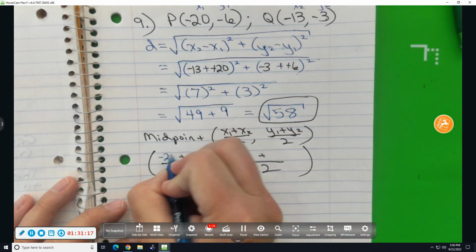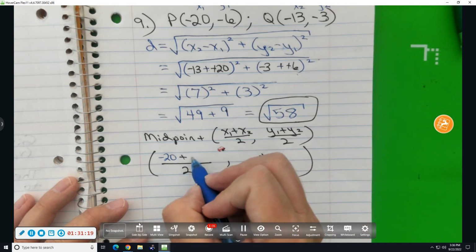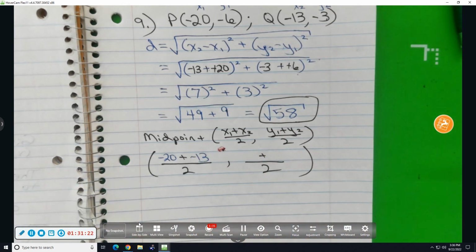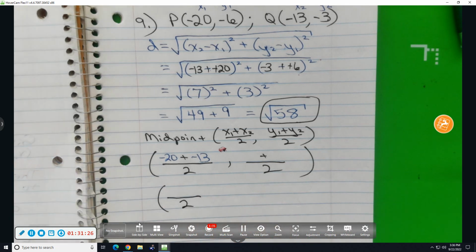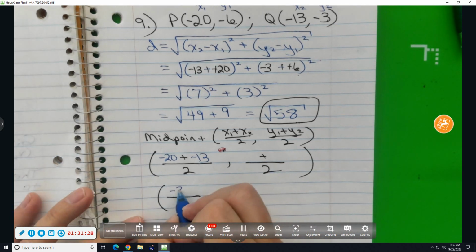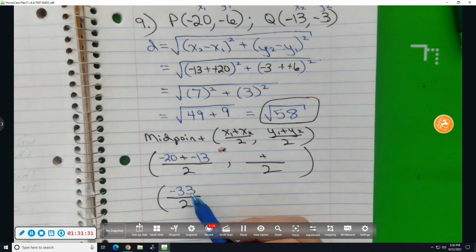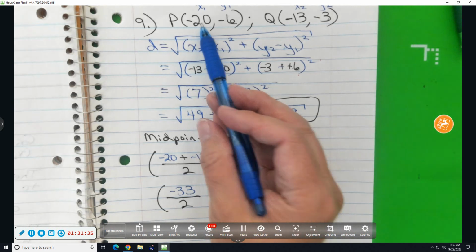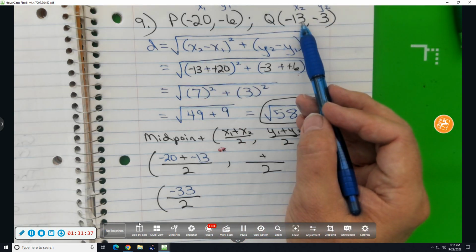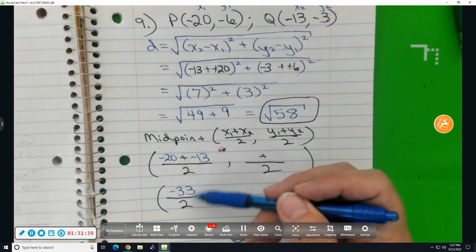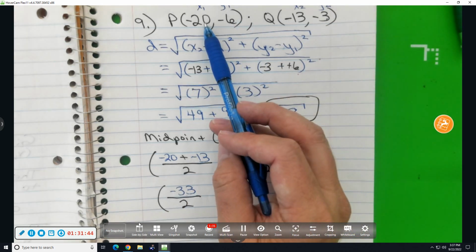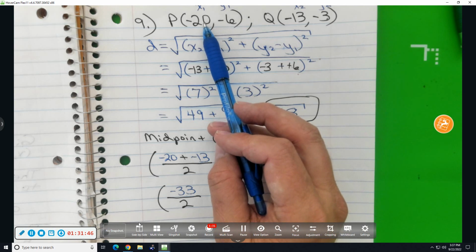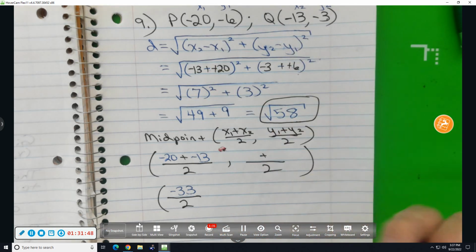Negative 20 plus negative 13 gives me negative 33 over 2. Negative 33 halves is midway between negative 20 and negative 13 on the x-axis. What would that be? Negative 16 and a half? Yeah, that sounds about right. Negative 16 and a half would be between negative 20 and negative 13.